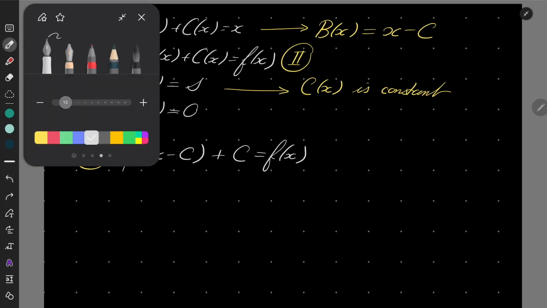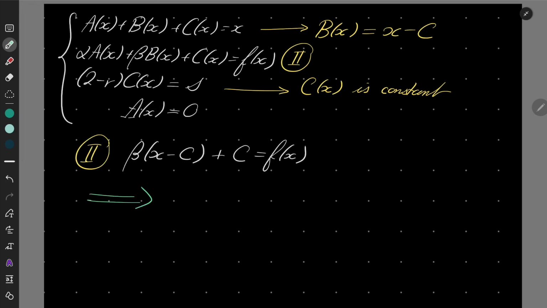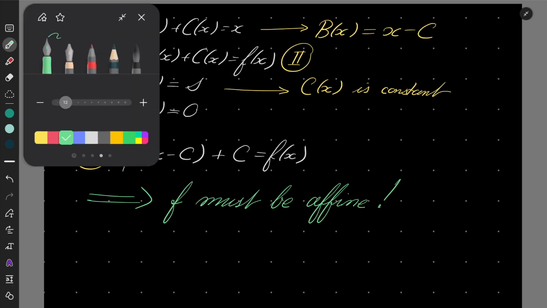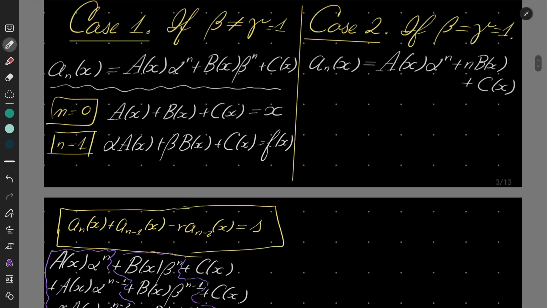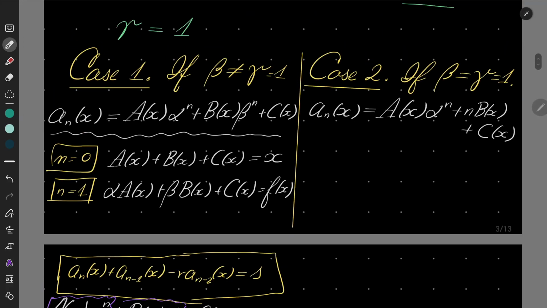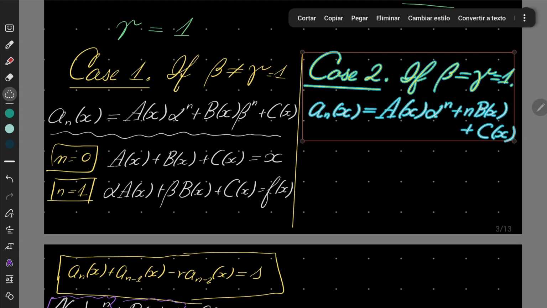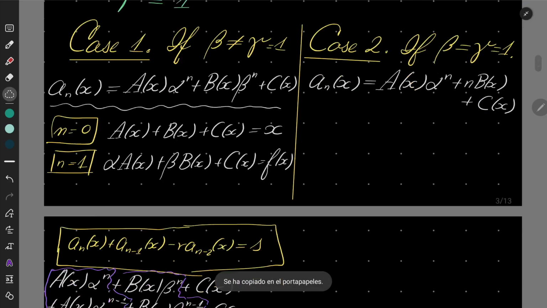F is an affine function. Okay, so now we know that our function must be affine in this case, because remember, it's the first case. We have also the second case where beta equals gamma. So we have to consider now the second case.